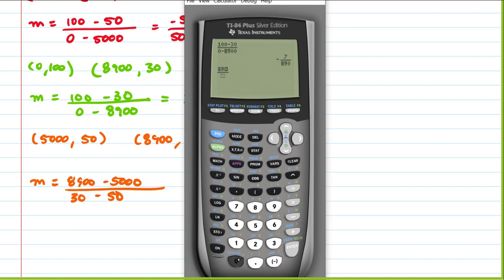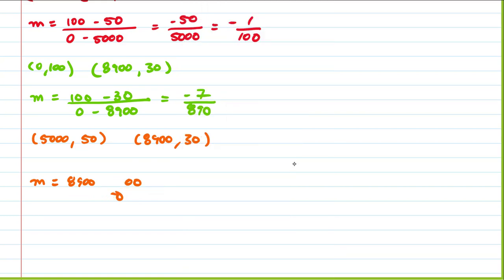So 8,900 take away 5,000, all over 30 take away 50, and we get... but I did that upside down. So let's type that in right. Oh my.